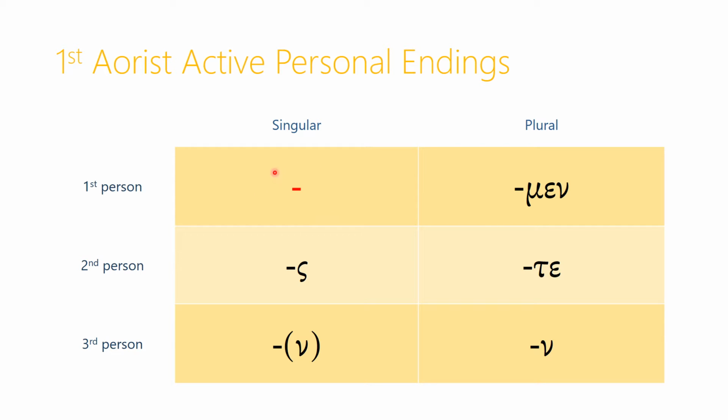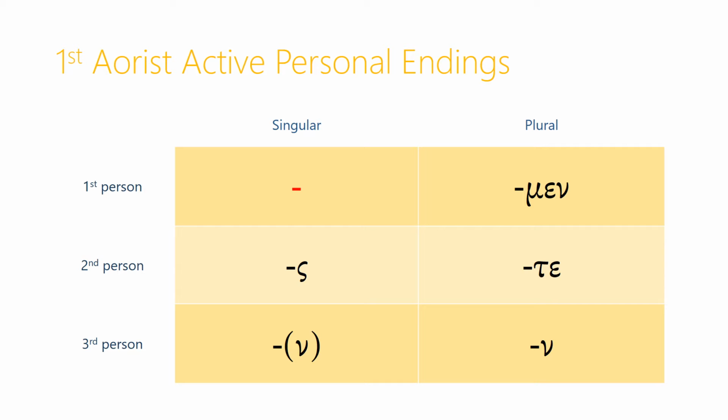And you'll find in general that if verb conjugations are going to be irregular, they'll usually be irregular in the first person singular. But everywhere else we're using those secondary personal endings that I just described. And the reason we're using those is because the aorist is an augment tense.